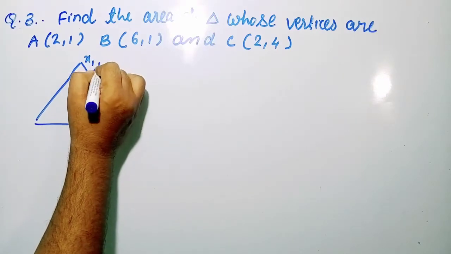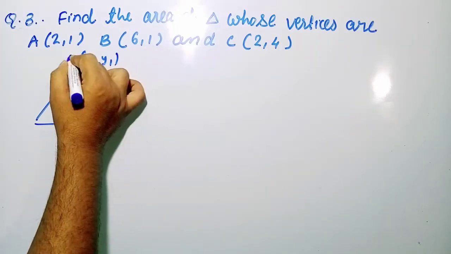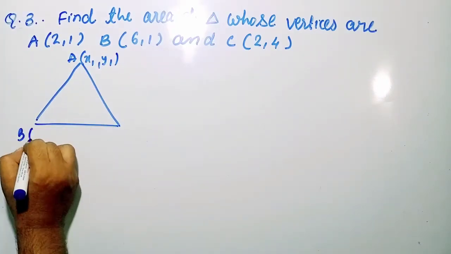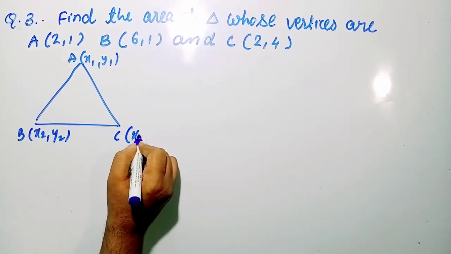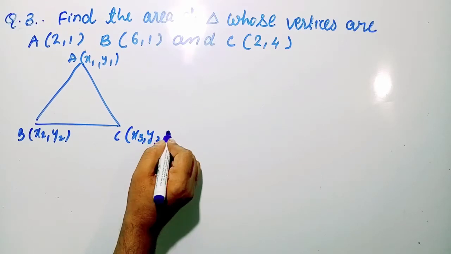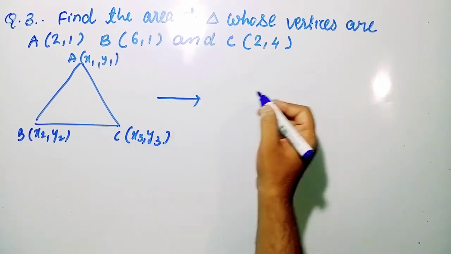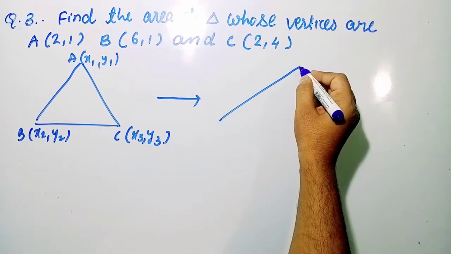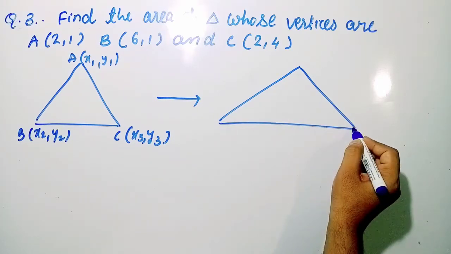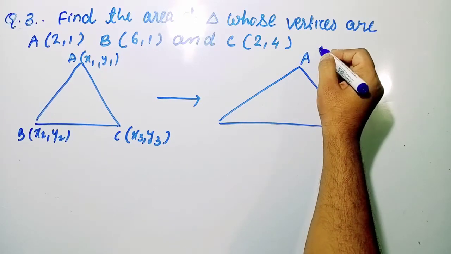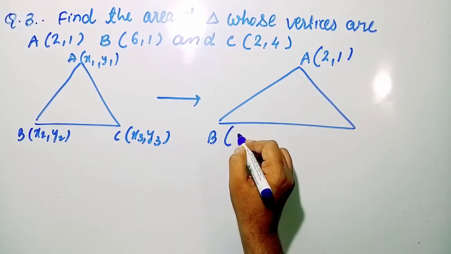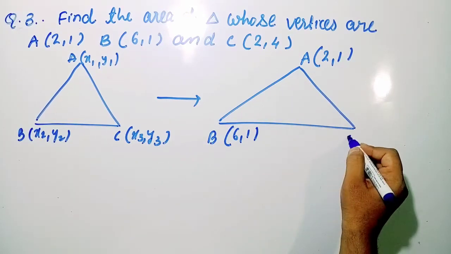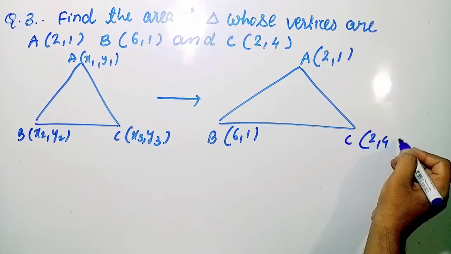A having vertices x1 y1, vertices B having coordinate x2 y2, and C x3 y3. Now for the given vertices A (2, 1), B (6, 1), and C (2, 4).